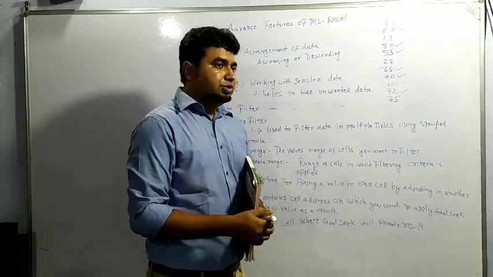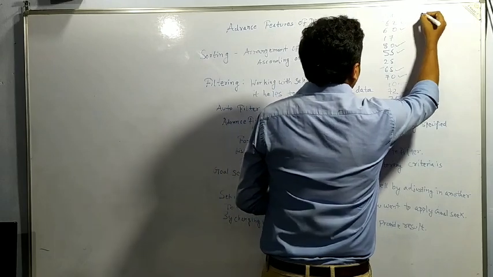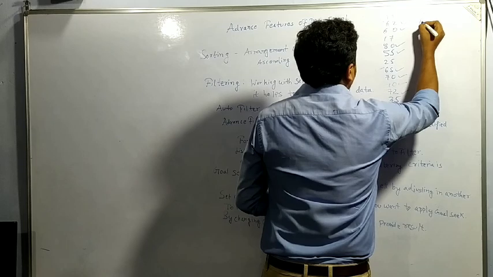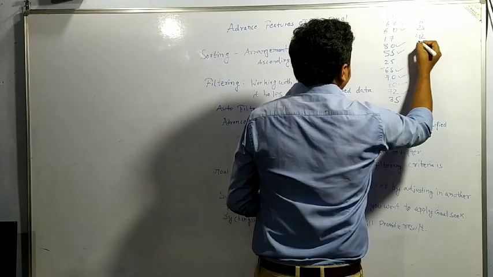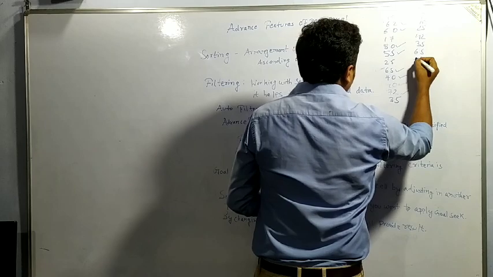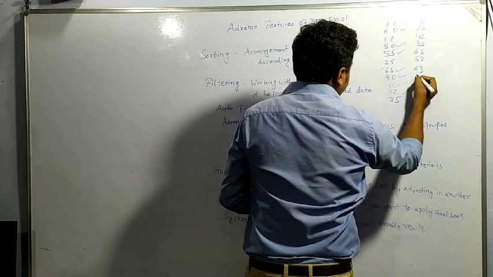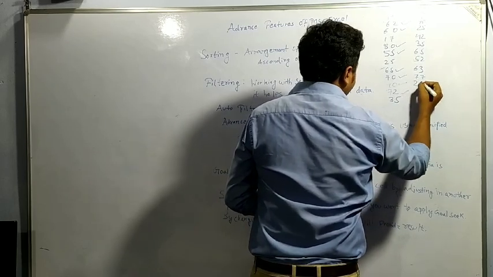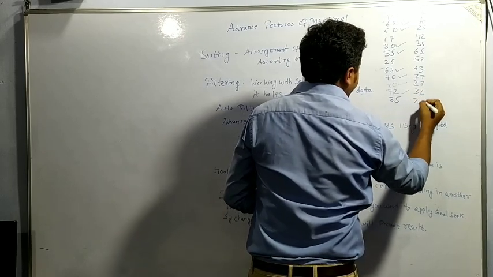Suppose three data columns are given: maths, physics and computer. In physics, one student has got 70, then 25, 42, 35, 65, 52, 63, 77, 27, 36, 23.